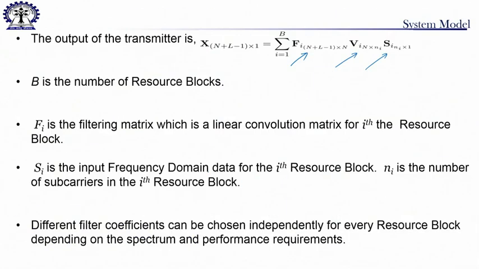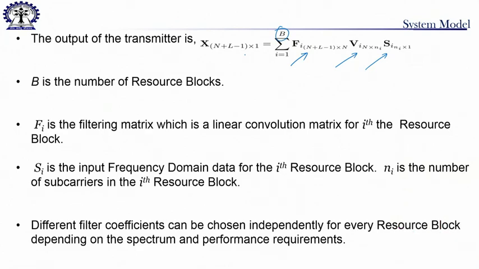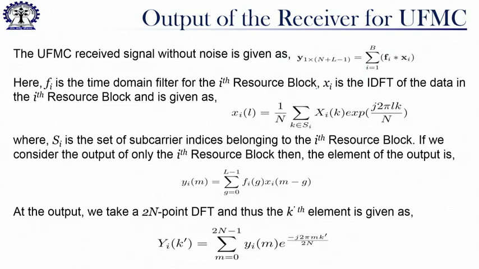That is how these equations frame up, and B is the number of resource blocks that are to be used. For each resource block there is a certain size of the resource block, which we had also indicated here. In this case the SI indicates the size of the resource block, whereas in the previous case it was indicating the data, but the rest of it is fine.